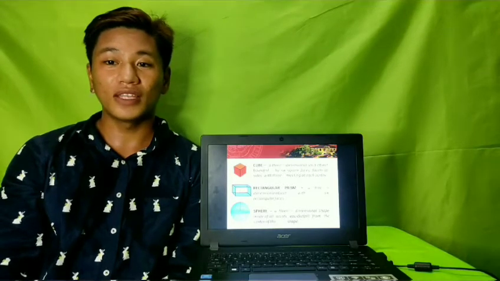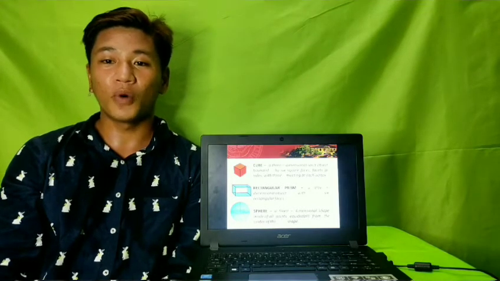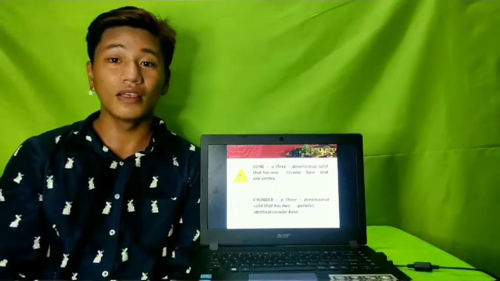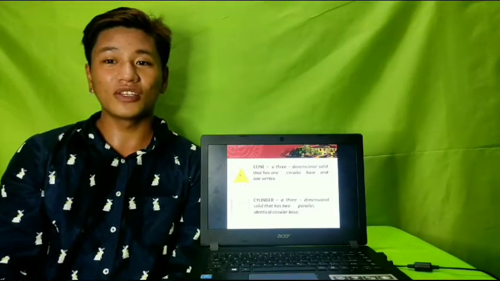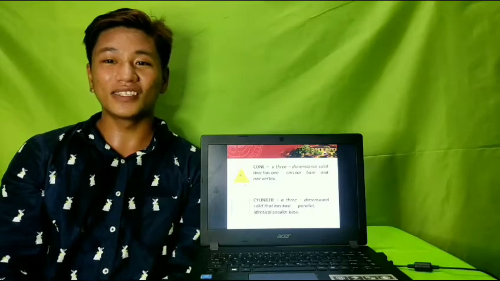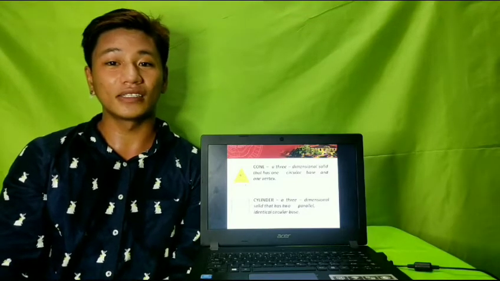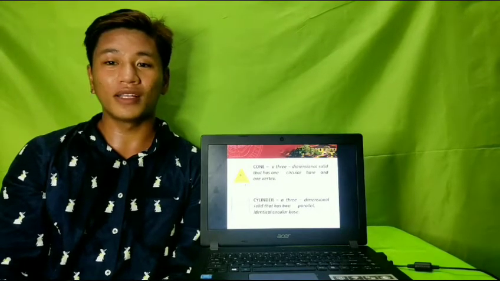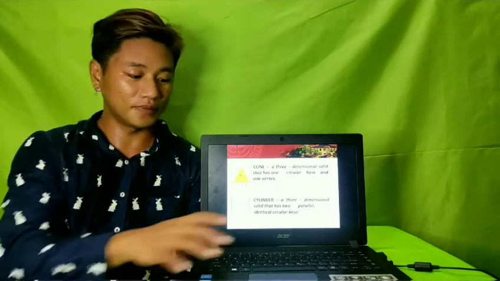Sphere: a three-dimensional shape made of all points equidistant from the center of the shape. A cone: a three-dimensional solid that has one circular base and one vertex. Cylinder: a three-dimensional solid that has two parallel, identical circular bases.